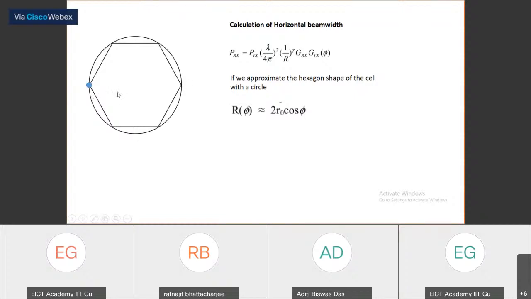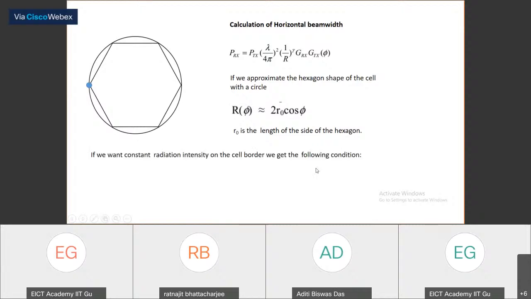When phi is equal to 90 degrees, r is 0, and in between, any point on the circle you can represent by r phi equal to 2 r0 cos phi, and r0 is the length of the side of the hexagon.